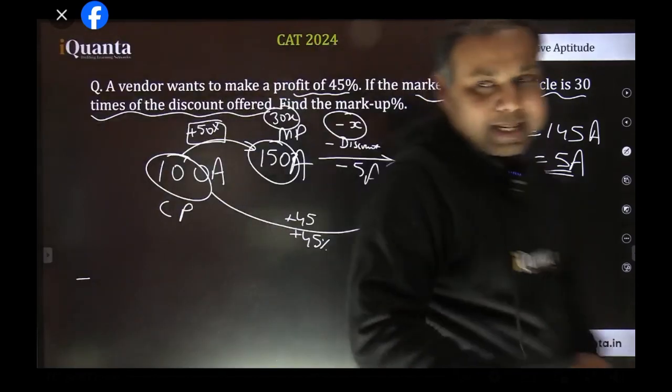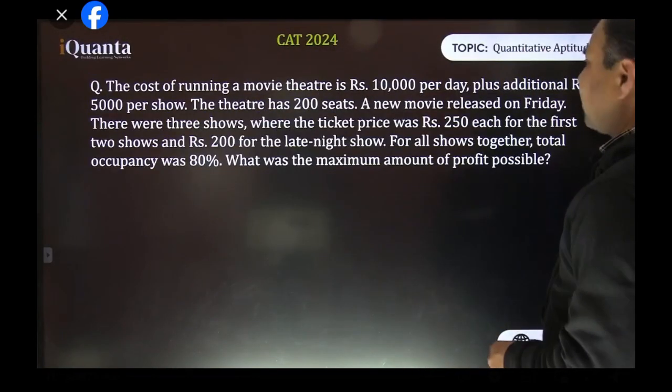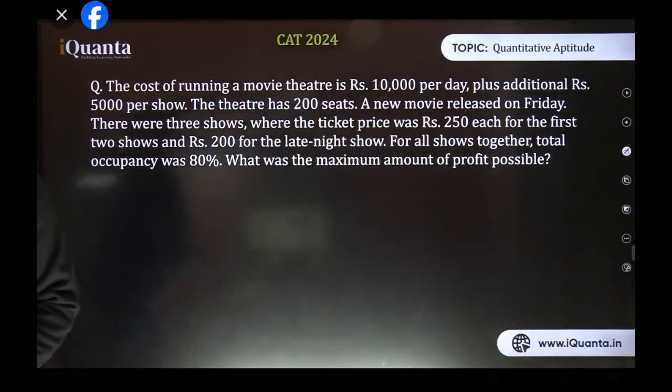So we are moving to the next part. Oh, here's one more question before we move to that dishonest seller. Answer this one now. It is again a lengthy storyline, so don't make any mistake in the reading part. Divi Arya, 30X minus X is 29X.